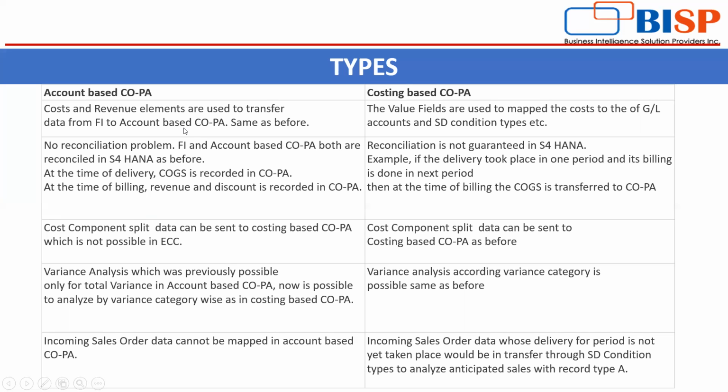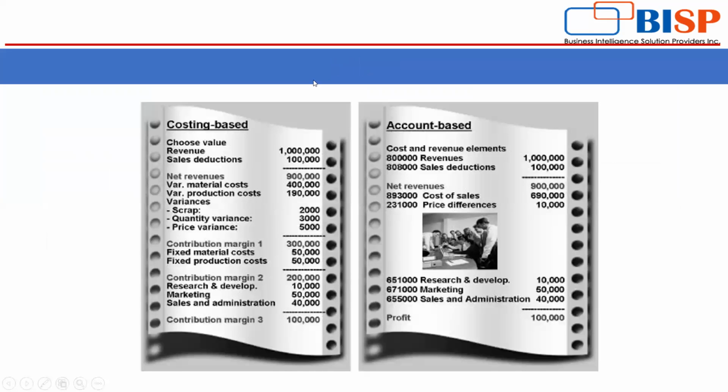Now in general we follow account based COPA, and today we will be discussing all the basic configurations required for account based COPA only. We can see one example of the way the presentation was done for costing based and account based.